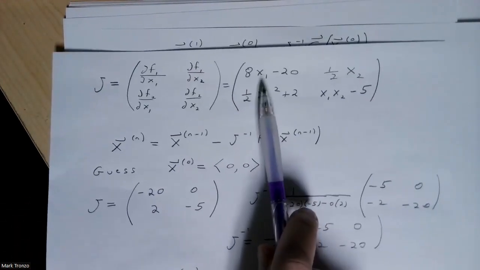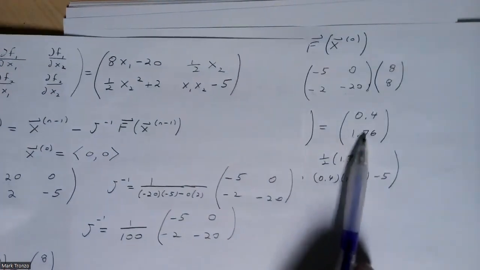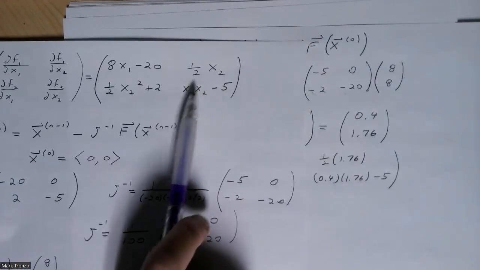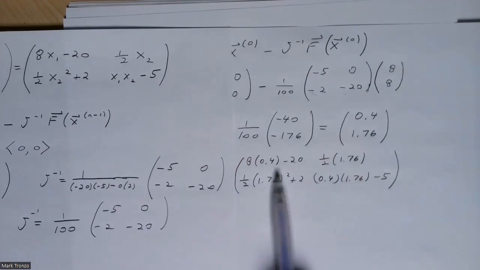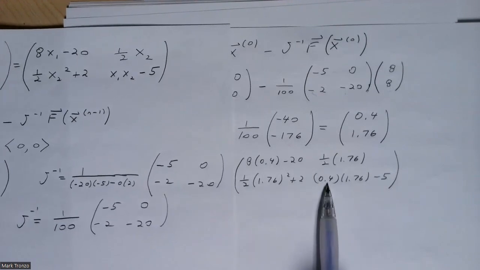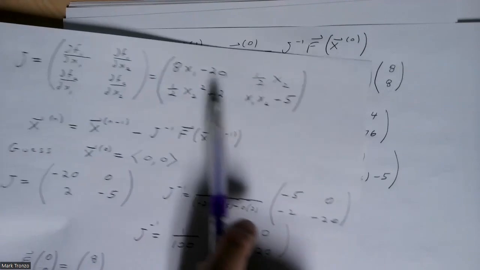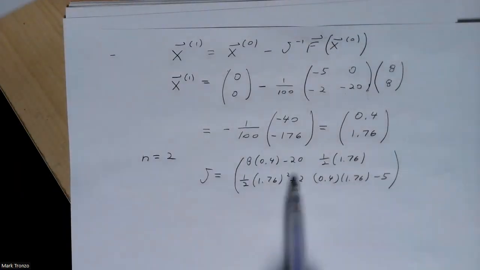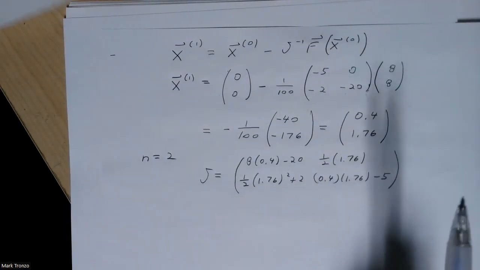Like this. So in other words, all I did was go all the way back to the Jacobian and put our new values of x1 and x2 in, x1, x2 here, in the Jacobian. And then we would calculate this.